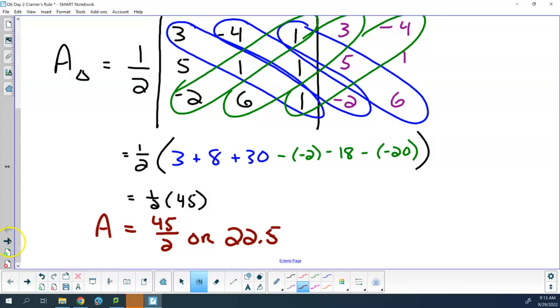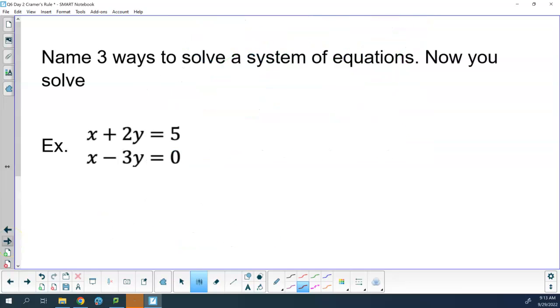Okay. So, if I wanted to solve this system of equations, right now, as you sit from your Algebra 1, Geometry, Algebra 2 background, how could we solve that? 3 ways.